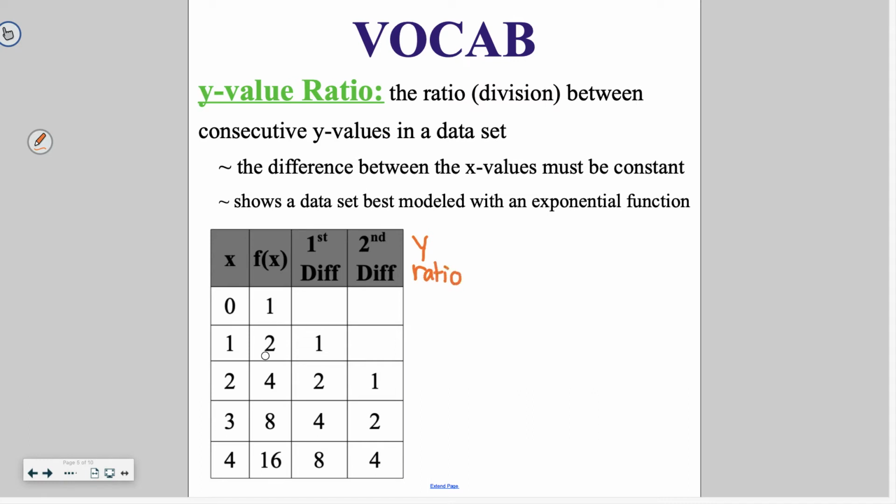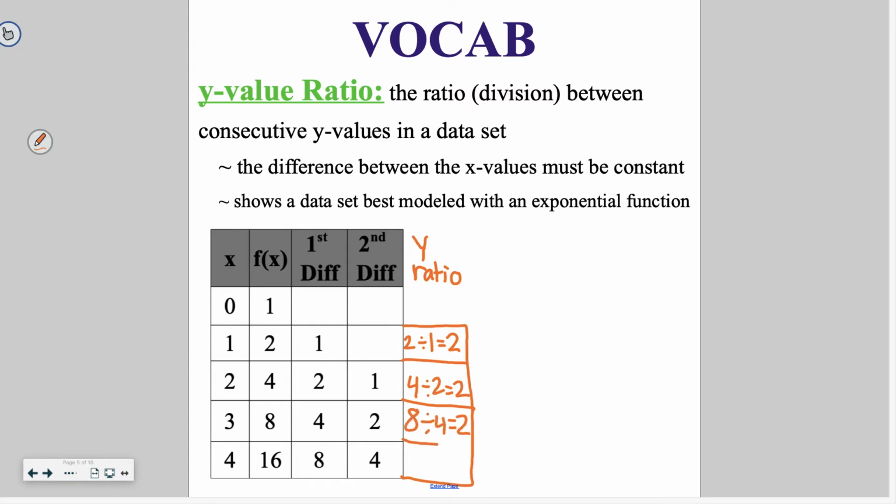So now for the last part, we would be checking the y ratios. And for that, we're going to say the first ratio is 2 divided by 1, which is going to give me 2. So the y ratio, 2 over 1. The next ratio is 4 over 2, again, giving me 2. The next ratio, 8 over 4, which is 2.